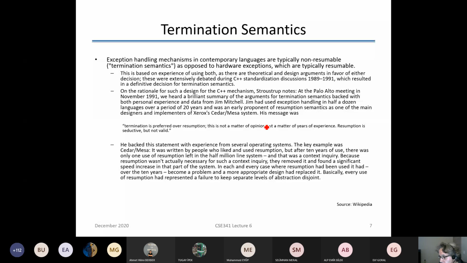Both have problems. If you resume, certain things are going to be very difficult to do. If it is not resumable, then you have some easiness in terms of handling mechanisms, but you might have less flexibility in handling partial functions.